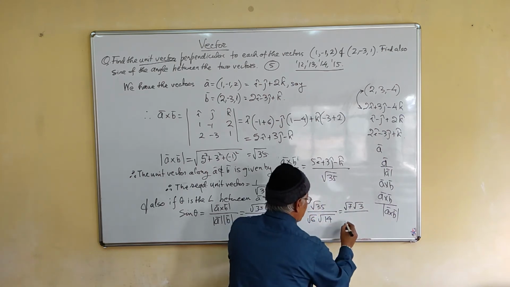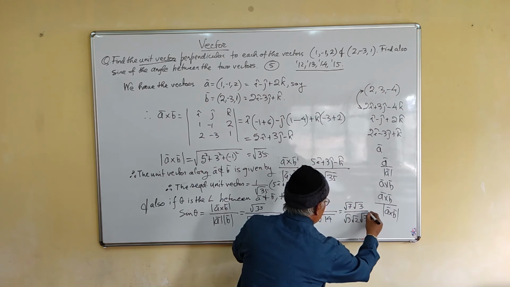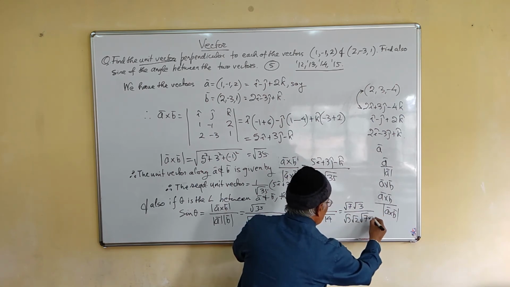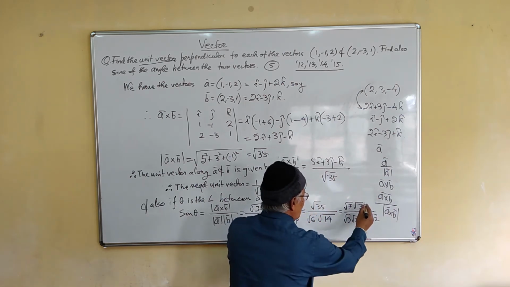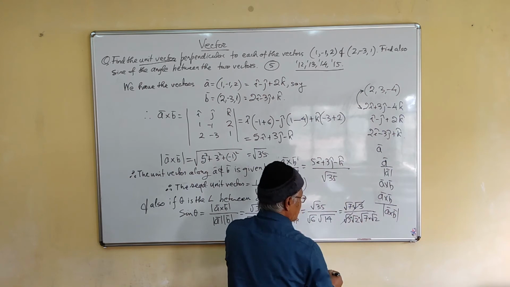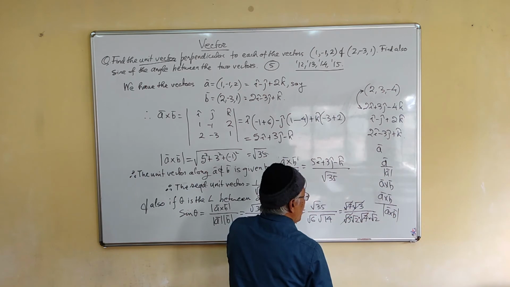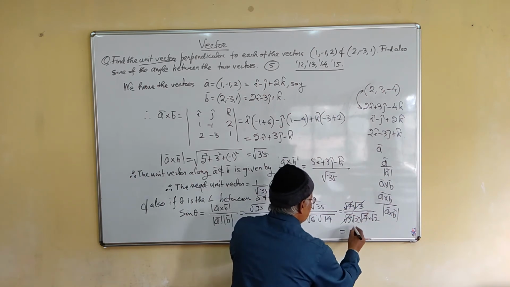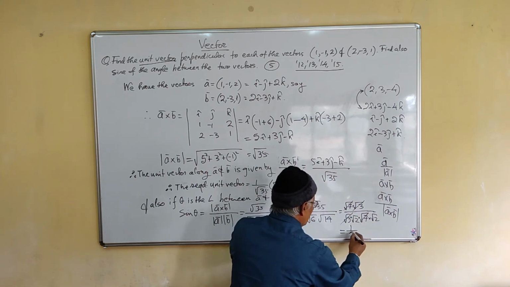Then root 6 can be written as root 3 into root 2, and this one can be written as root 7 into root 2. Fine? If you are getting confused, you can put the multiplication sign. Root 3 gets cancelled with this, 7 gets cancelled with this. So how much are you getting? You are getting 1 upon root 2 into 2.